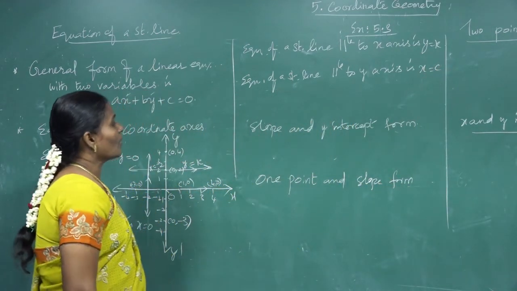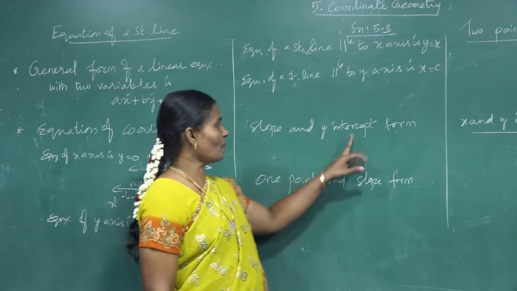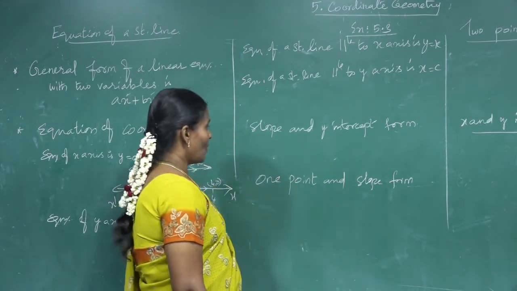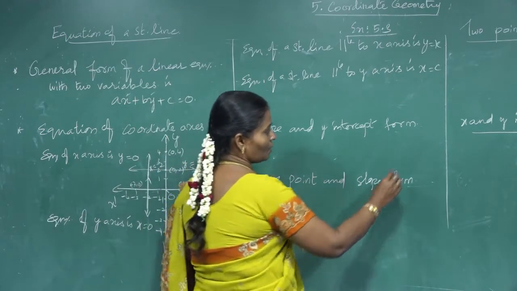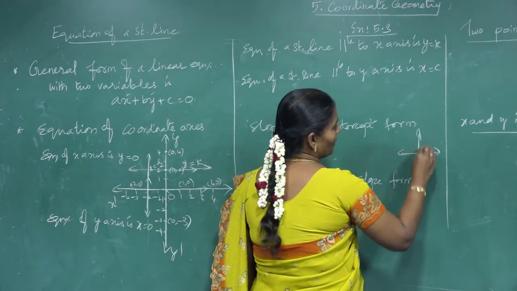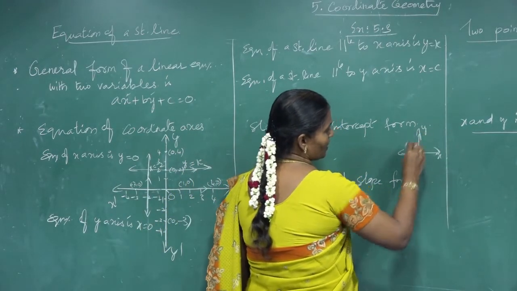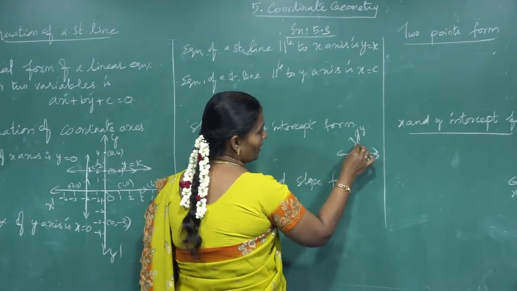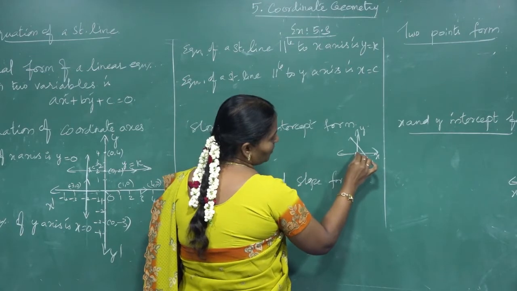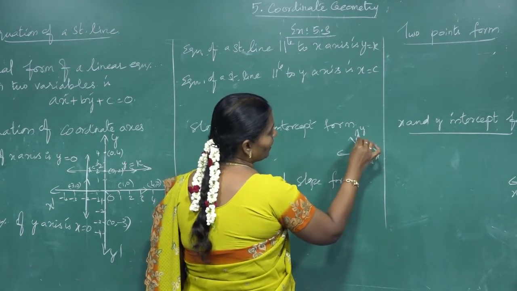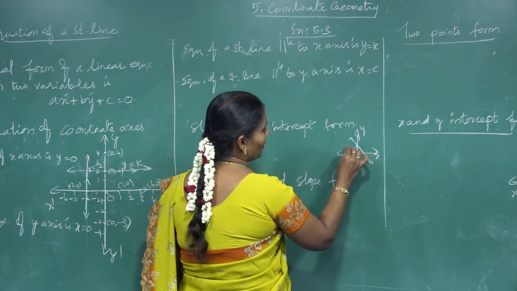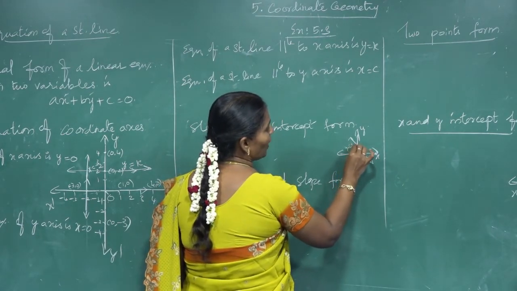Slope and y-intercept form. So what is y-intercept? See, this is x-axis, the y-axis. Here, this is a straight line. This straight line cuts the y-axis, and the distance from the origin is called y-intercept.